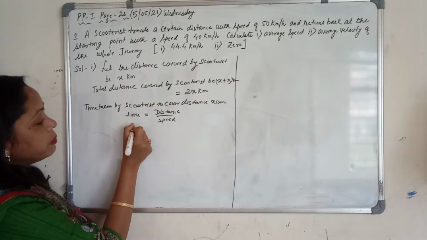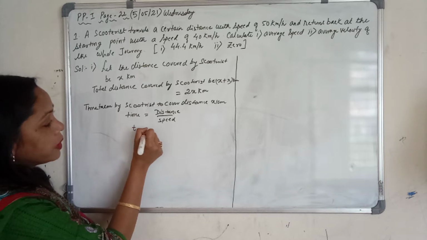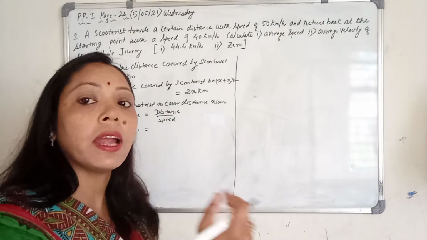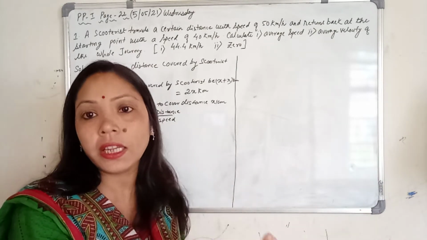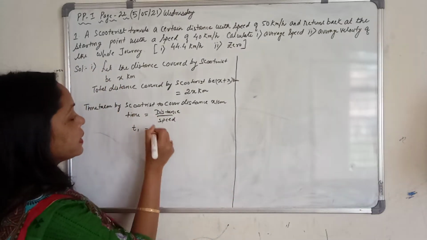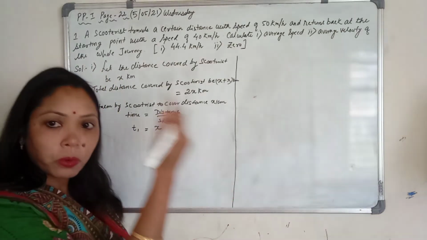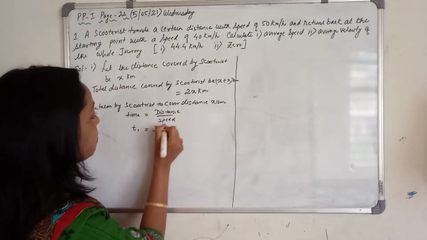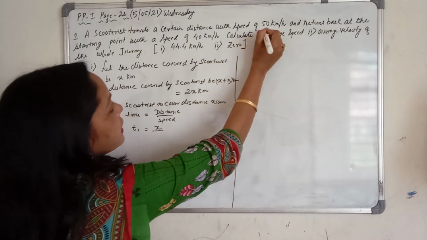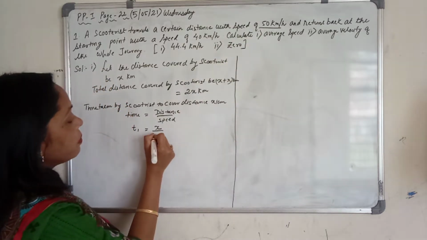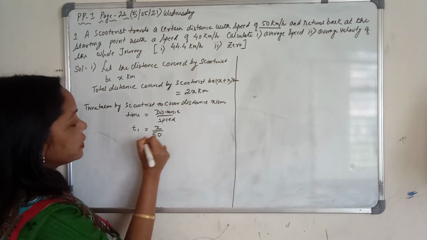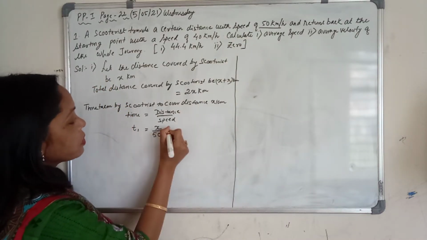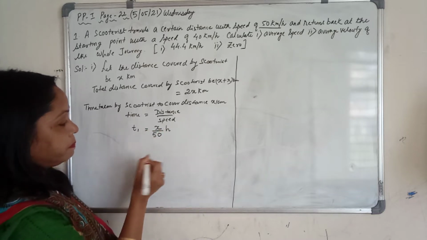So take the time as t1 because while going we take t1. Then the distance will be x. While going the distance covered is x. Now the speed while going is 50 kilometer per hour. So this is 50. So this is time, so the unit will be hour.